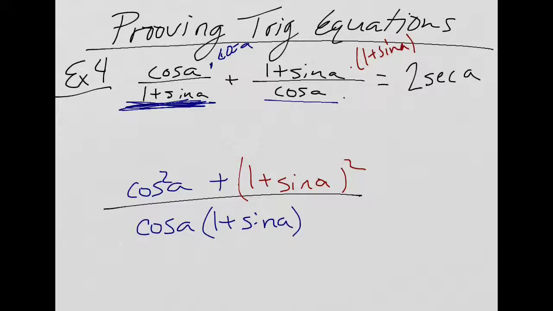So what does that mean I'm going to have to do? Foil it out. You have it on your paper, but I'm going to write it on the next page. So we've got cosine squared A on the top plus, and you can go over to the side and foil it out, whatever you need to do.